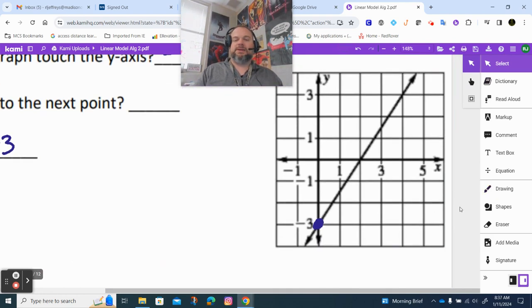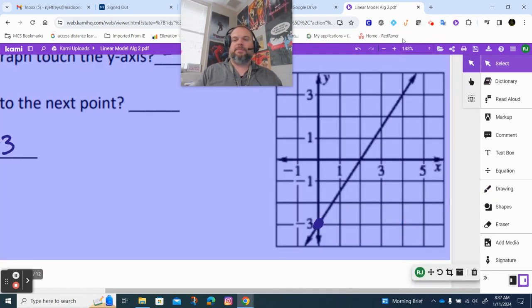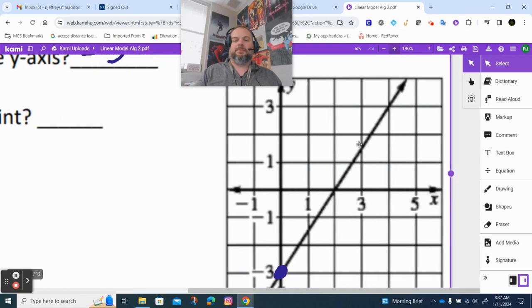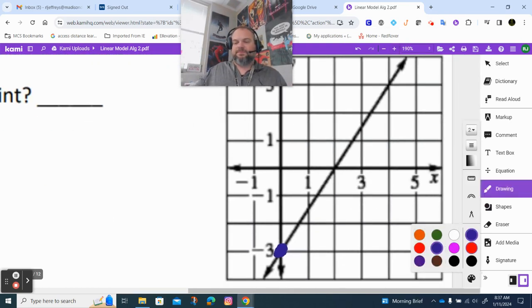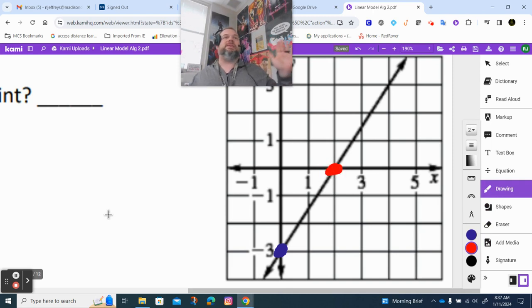I'm going to zoom in because this is super important. So when I'm saying the next point, can we agree that the next time that this line touches on this little grid is right here? We're actually there.